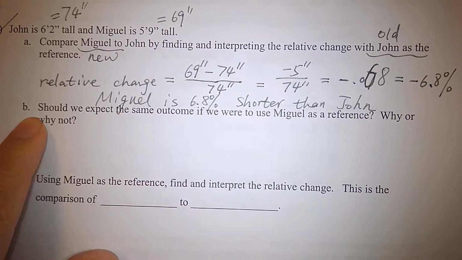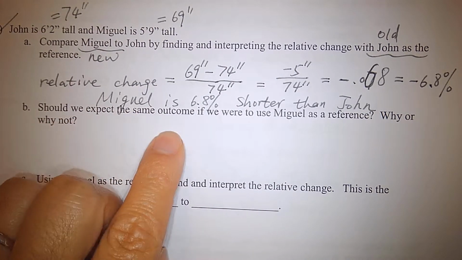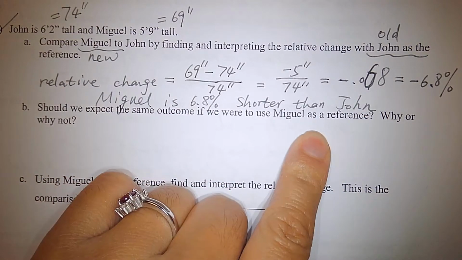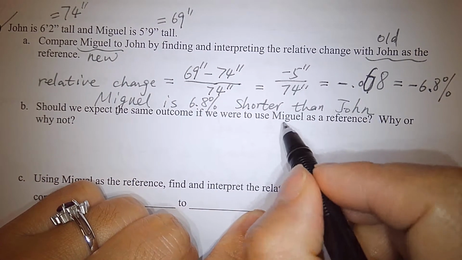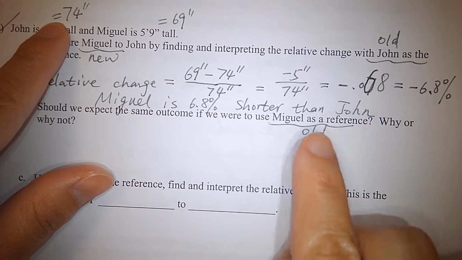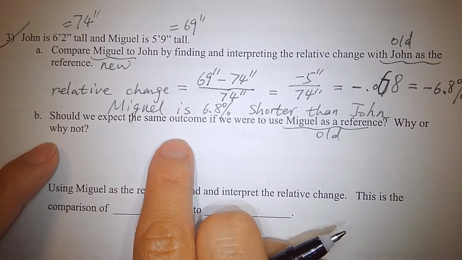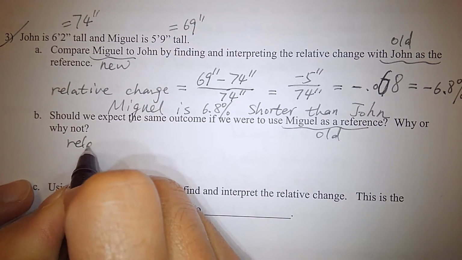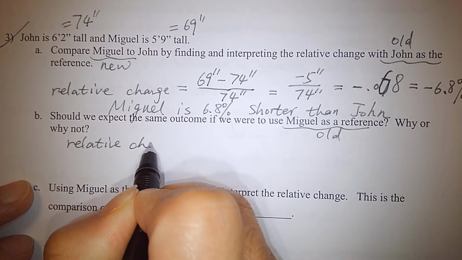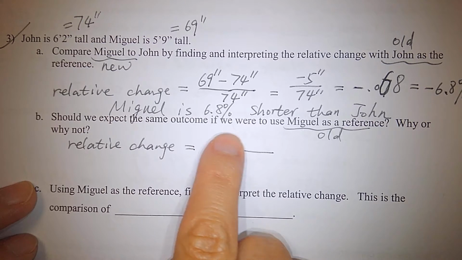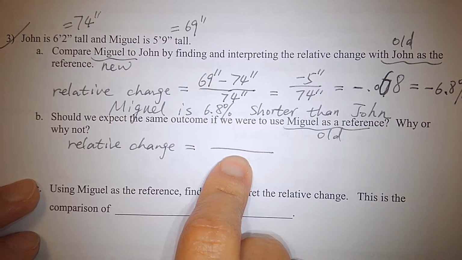Question B: should we expect the same outcome if we were to use Miguel as a reference? If Miguel is the old value and John is the new one, can we expect the same outcome? Let's compute directly. Relative change is new minus old divided by old.